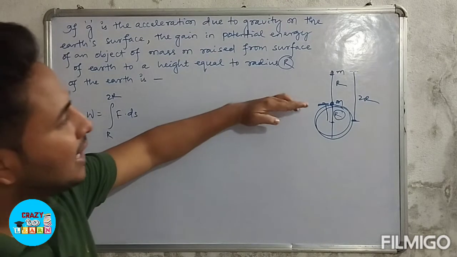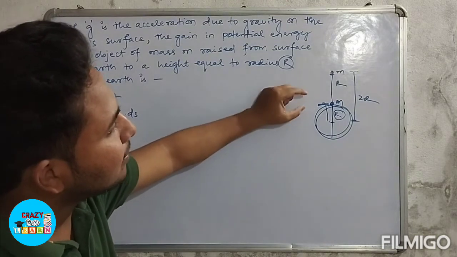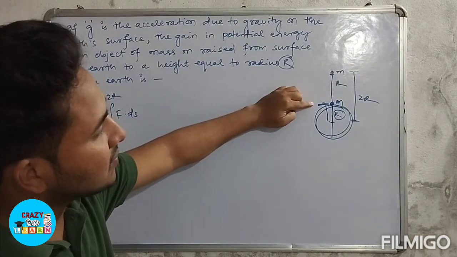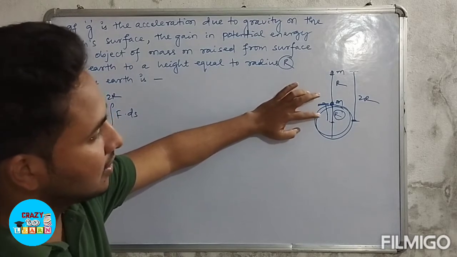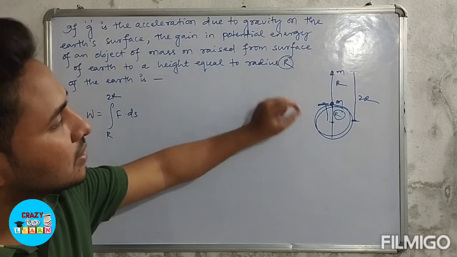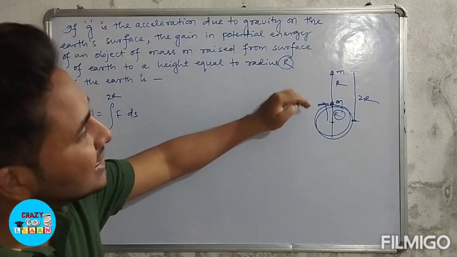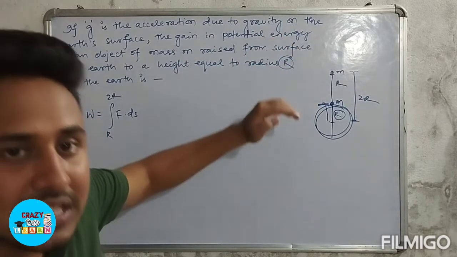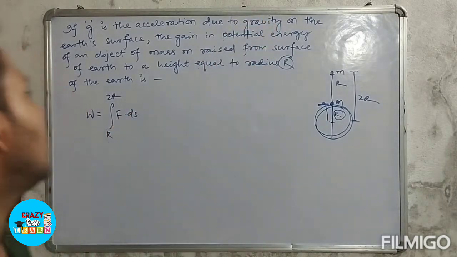And earlier the object was at a position at a height r from the center of the earth, but when it is raised, now the object is at a distance of 2r from the center of the earth.